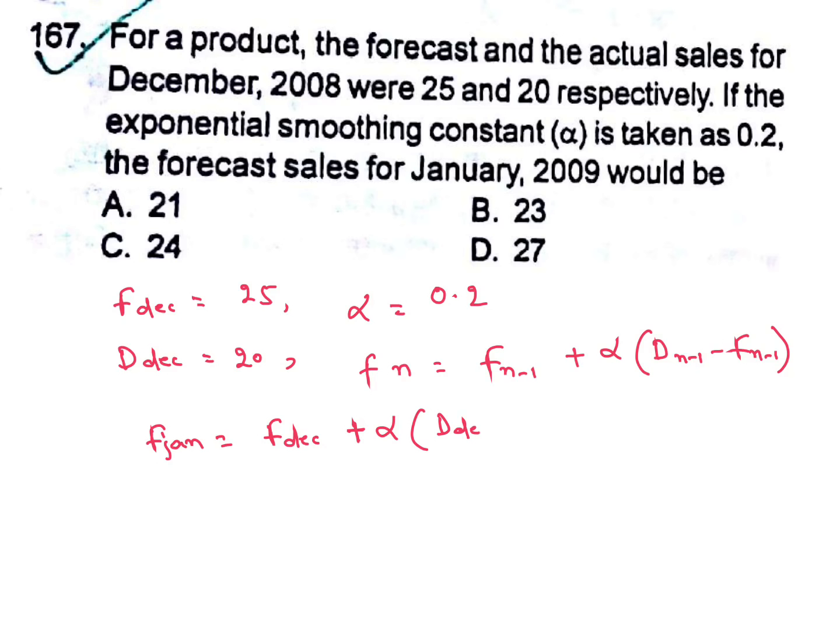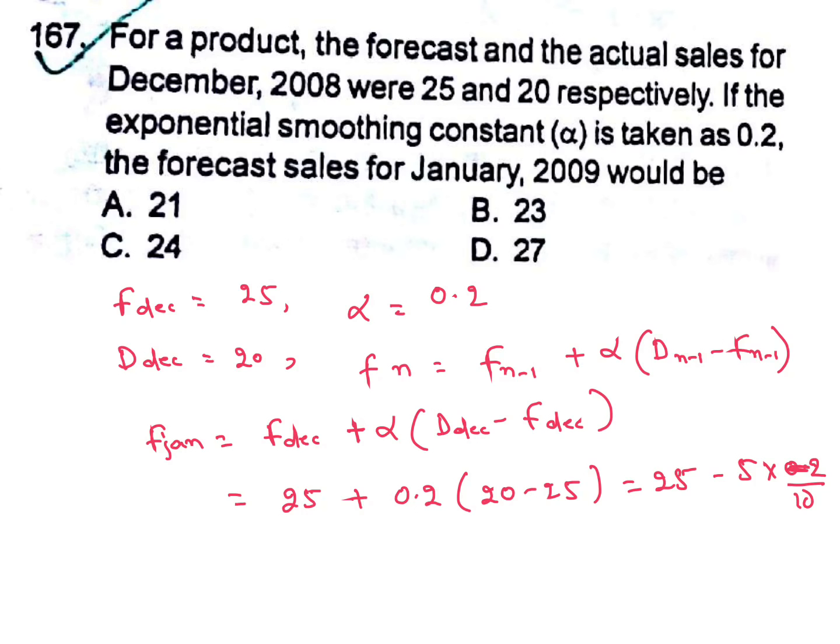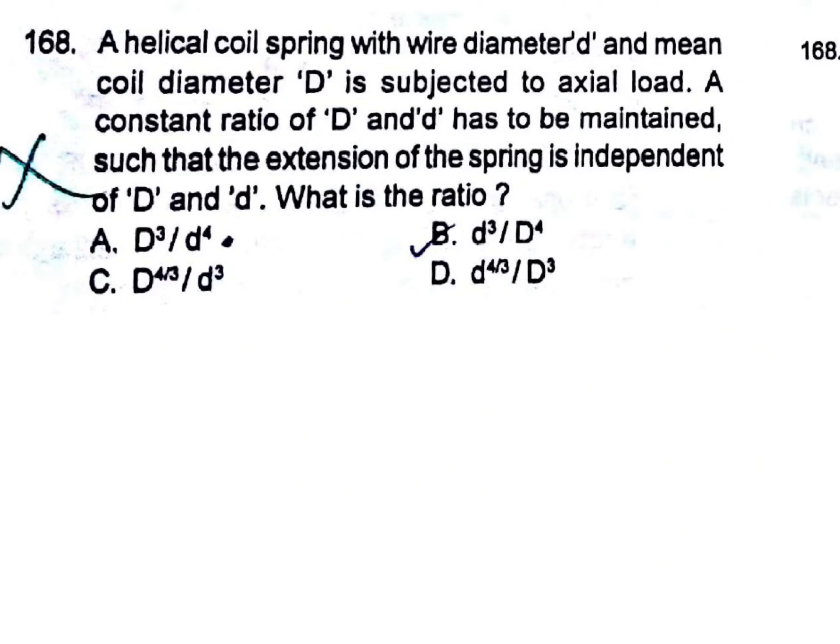Put the values: 25 plus 0.2 into, here you will get 20 minus 25, so minus 5, into 0.2 or 2 by 10, you will get 1. 25 minus 1, answer is 24. So forecast for sales January 2009 is 24. C is the answer.